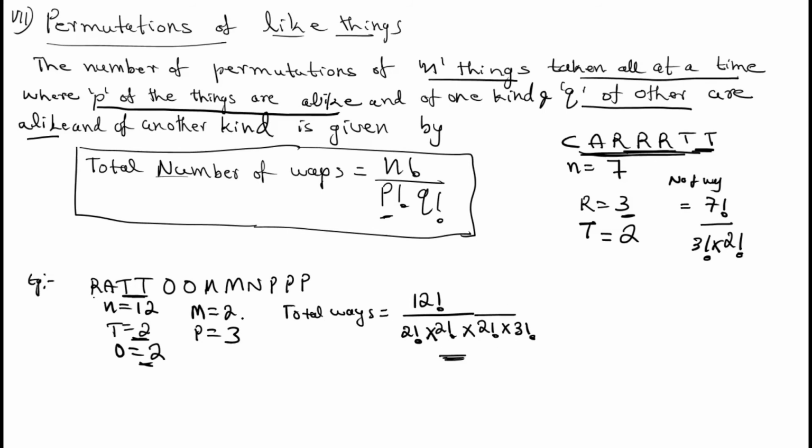This is the answer for the given question. Clear this formula? If any objects or letters repeat, at that time we need to use this formula n factorial by p factorial into q factorial. Suppose 4 letters repeat, then you have to write n factorial divided by a factorial into b factorial into c factorial into d factorial. Like this you can write.